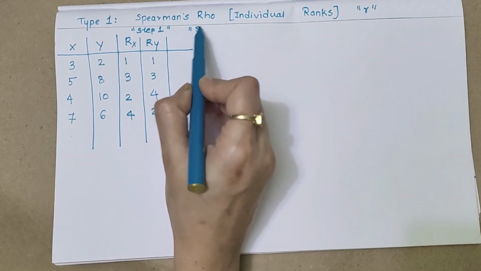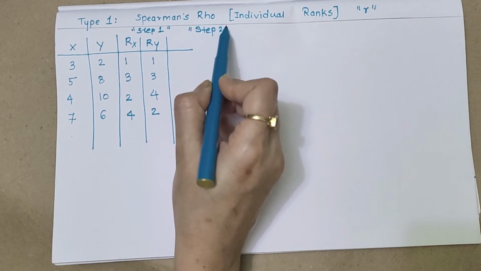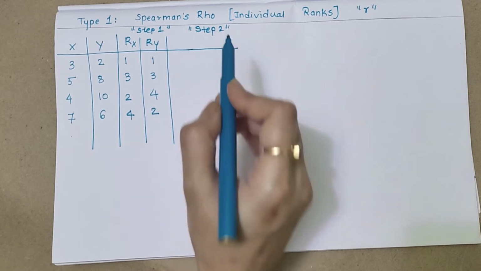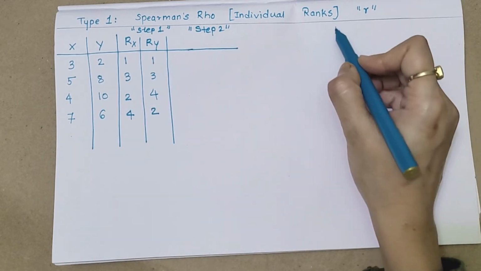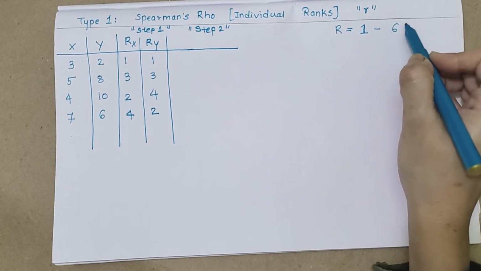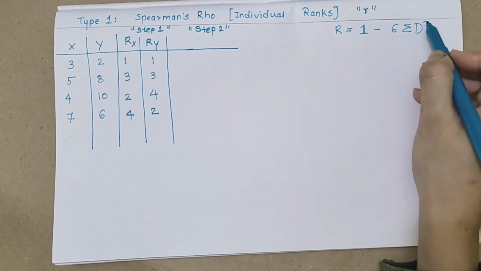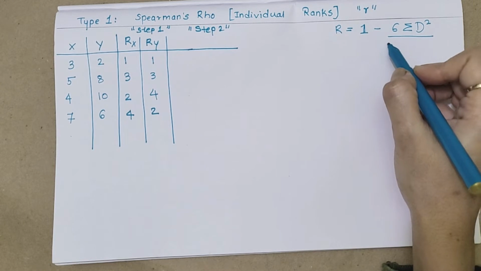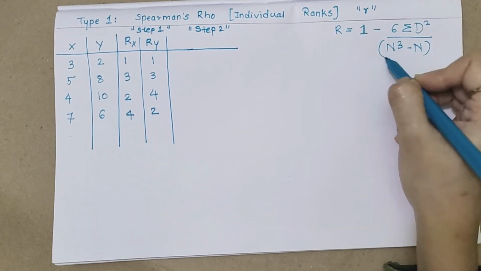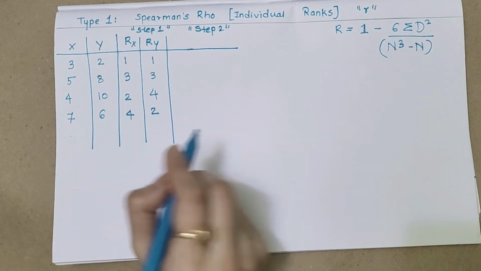Now what is your step 2 here? Step number 2 is according to the formula. What is your formula? This is R equals 1 minus 6 summation of d square upon n cube minus n. This is your formula.